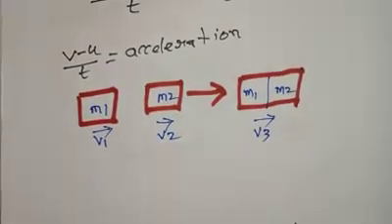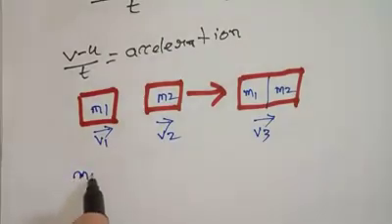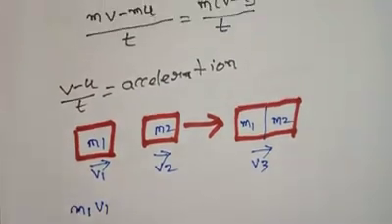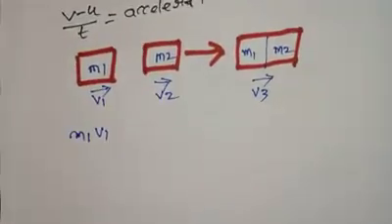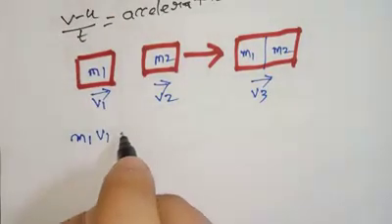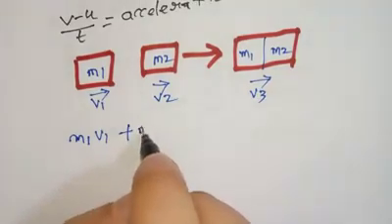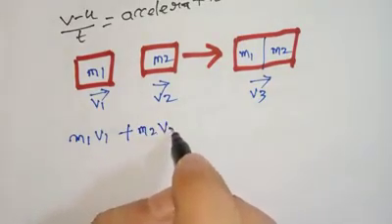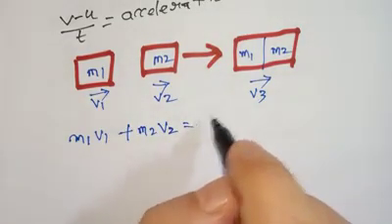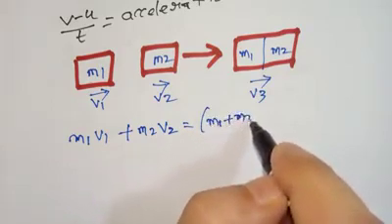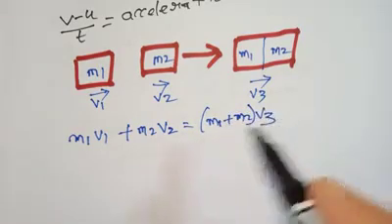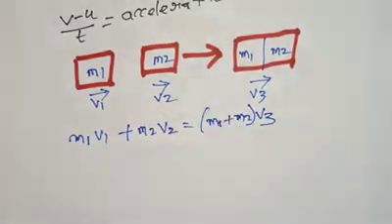By the law of conservation of momentum, the mass times velocity, from the formula P equals mv, so m1 v1 plus m2 v2 will always be equal to the new one, which is (m1 plus m2) times the velocity v3. So momentum is always conserved.